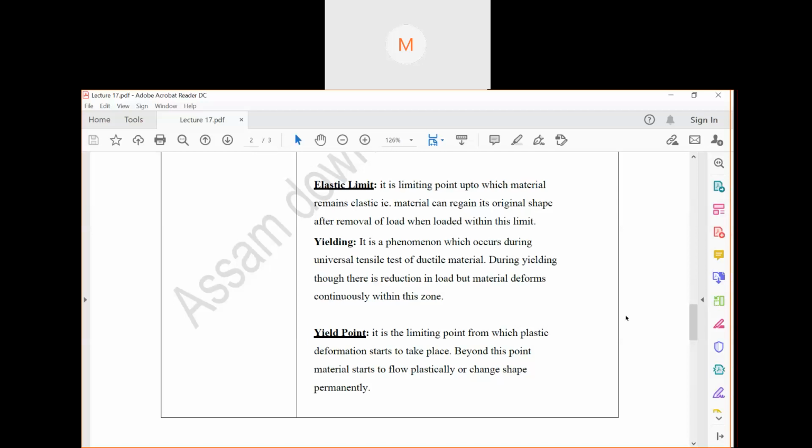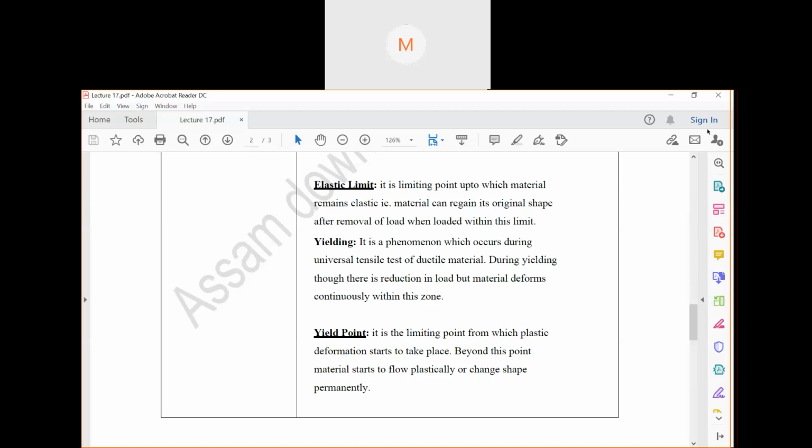For a given stress, that means force per unit area, it gives a smaller amount of deformation.